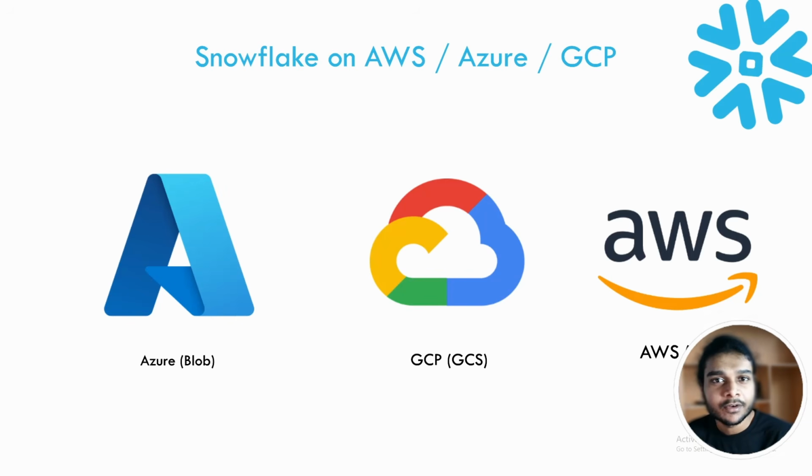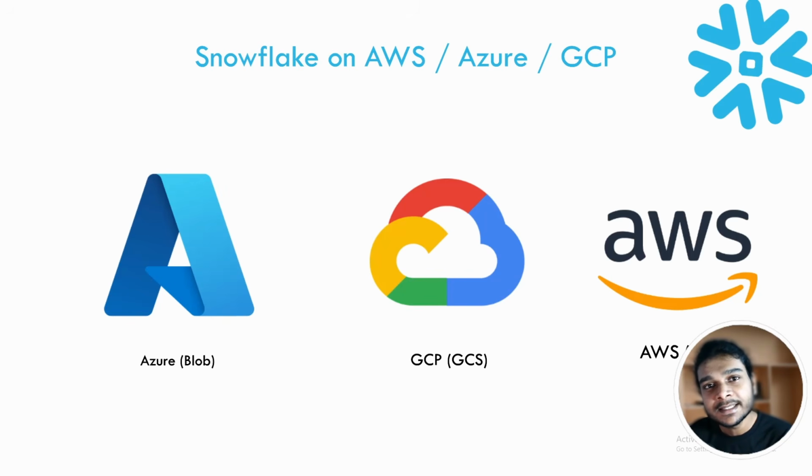Here's one of the core concepts of Snowflake. Snowflake is a cloud data warehouse. It helps us store and manage our data, right? But here's the thing. Snowflake itself is not a cloud provider. A cloud provider is the one who provides storage and compute. Compute means the virtual machines which help us run our queries. So Snowflake itself doesn't provide them.